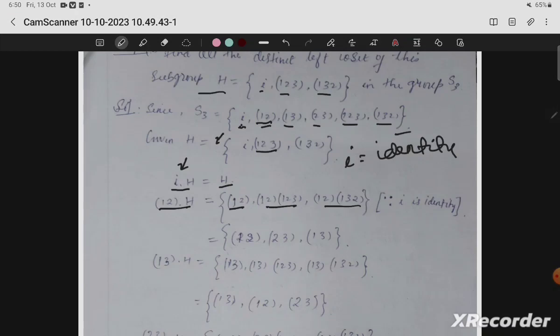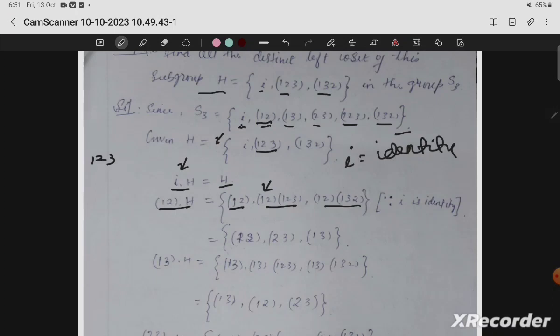I'll show you how to multiply this. Since it is a 1 2 3 sequence, we will write first 1 2 3. We will find this one using cycle notation.